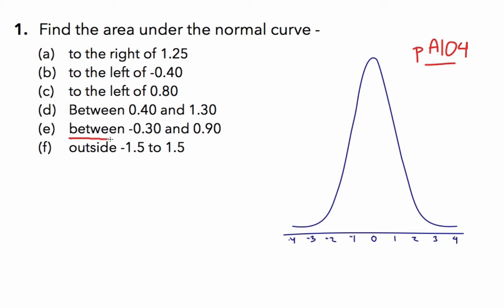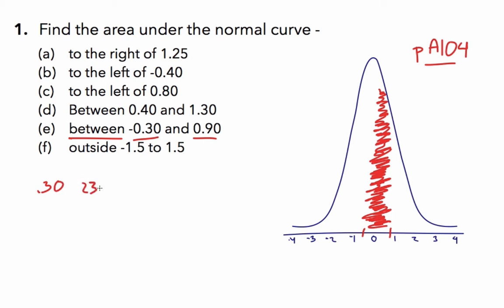Part E is similar to the previous question, except that it includes 0. We can see this when we identify the standard units and shade in the area between. We'll follow the same process. The area associated with 0.3 is 23.58, and half is 0.12.